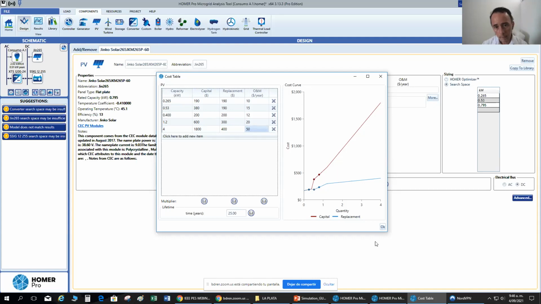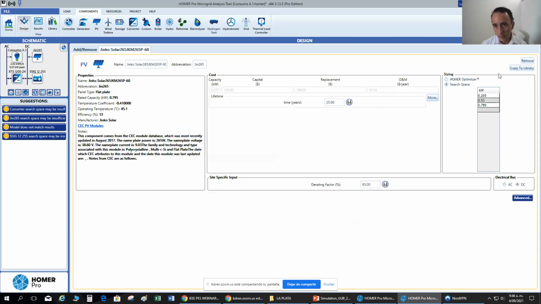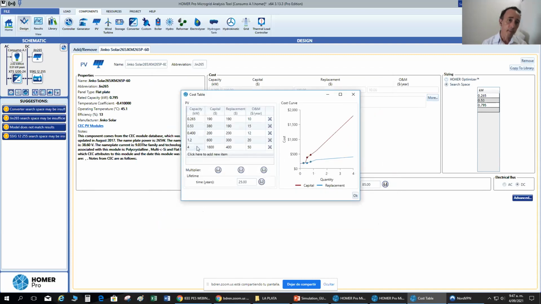And after that, it says, okay, I'm going to optimize considering those prices and those new technologies or costs and solar modules that we just brought.